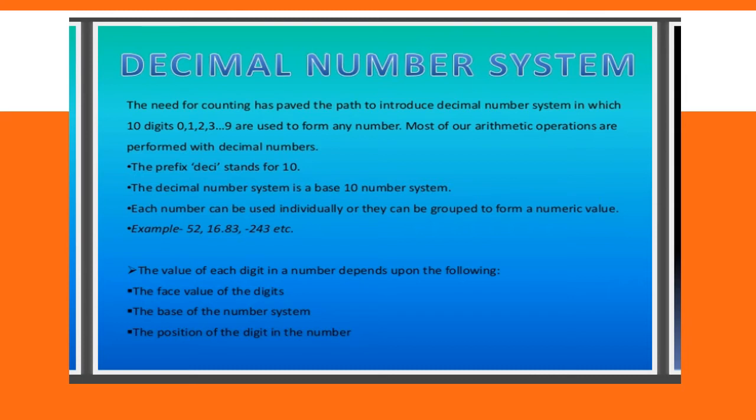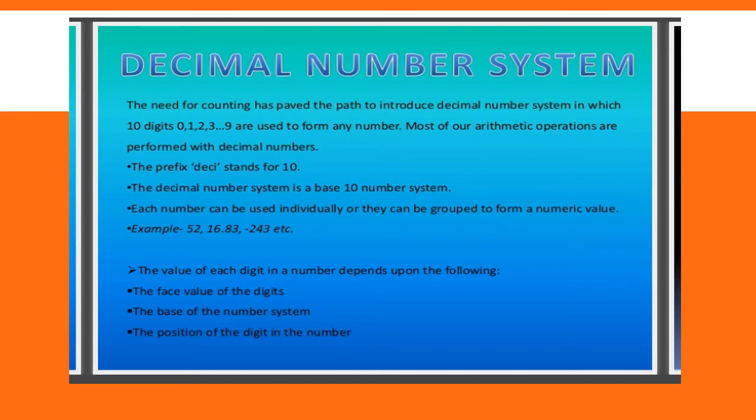Most of our arithmetic operations are performed with decimal numbers. It consists of 10 digits, for example, from 0 to 9 with the base 10. Each digit can be used individually or they can be grouped to form a numeric value.